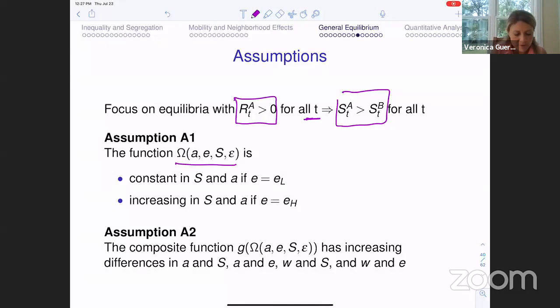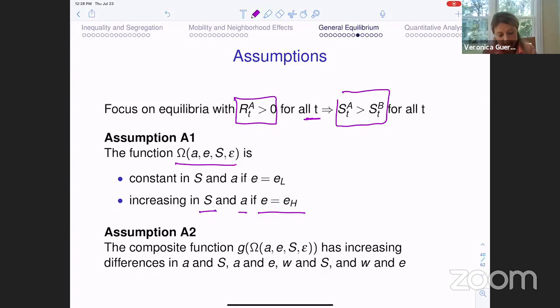We are going to assume that it is constant in the spillover and in the ability when the parents choose a low level of education for their kids, meaning that if you have a low level of education, the spillover doesn't matter much and your talent doesn't matter much. But when you choose a high level of education, then your wage is going to be increasing in the spillover and in your talent.